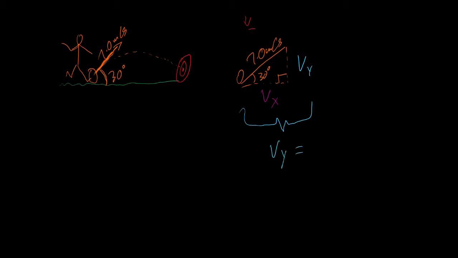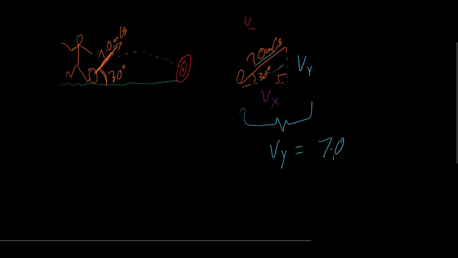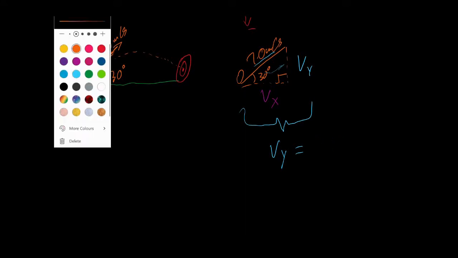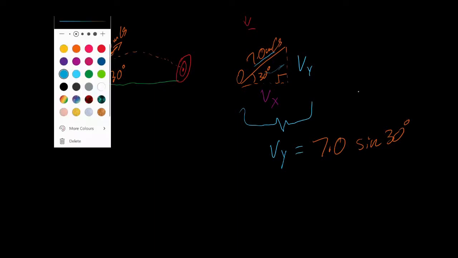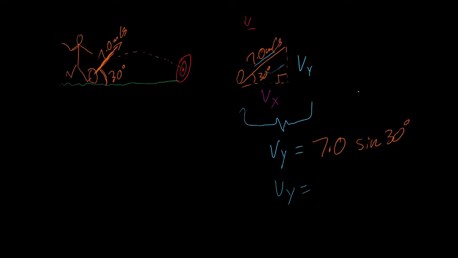Using the sine ratio on this 30-degree angle, since it's opposite, and the hypotenuse is right over here, Vy is equal to 7.0, let's keep the colors consistent, 7.0 times the sine of 30 degrees. This value makes Vy equal to 3.5 meters per second.